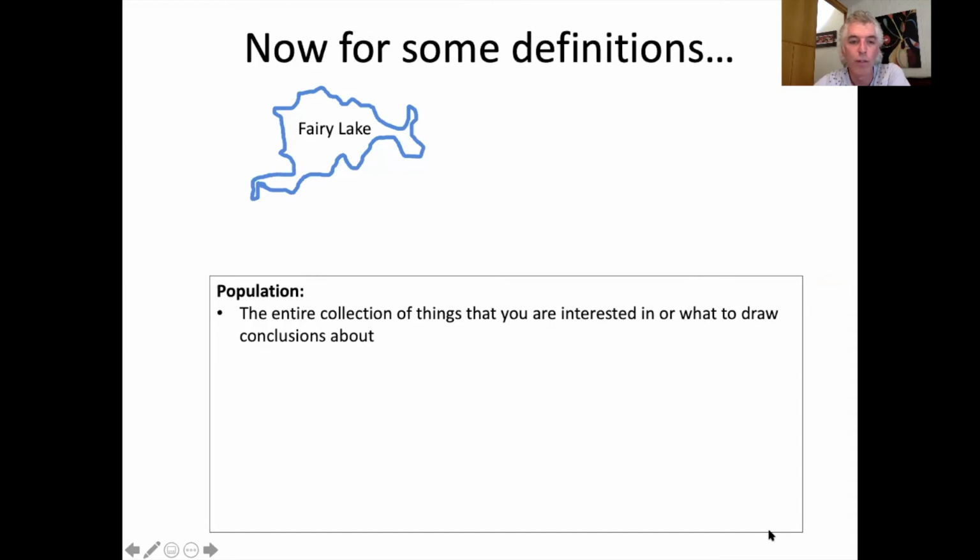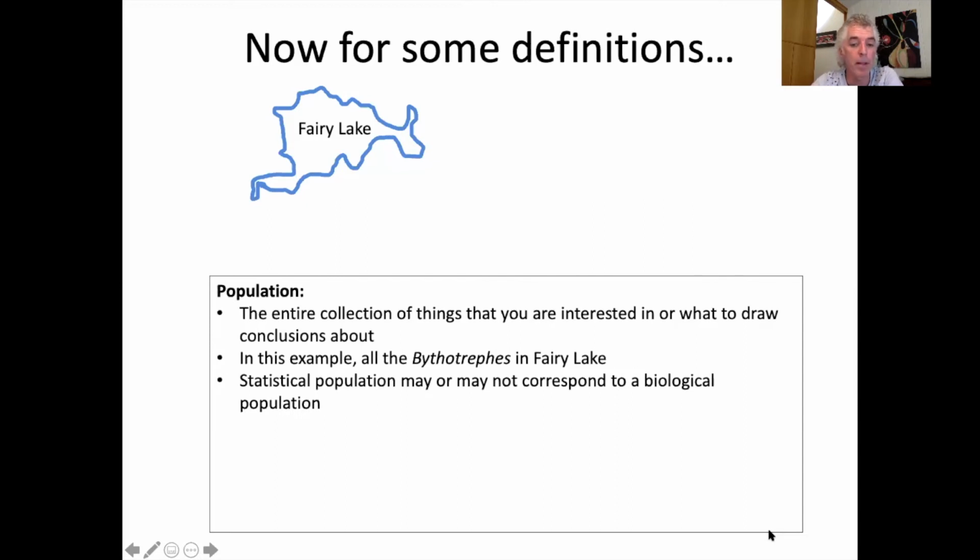So before we go too far, let's go over some definitions that we've already talked about. A population in a statistical sense is the entire collection of things that you're interested in or what you want to draw your conclusions about. So in this particular example, the population that we are interested in is all of the Bythotrephes in Fairy Lake. Now, this statistical population may or may not correspond to a biological population.